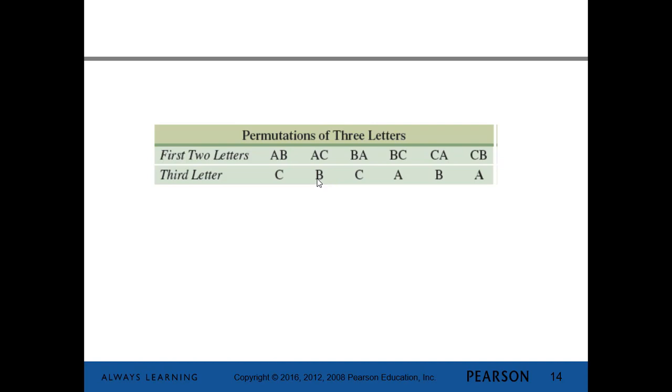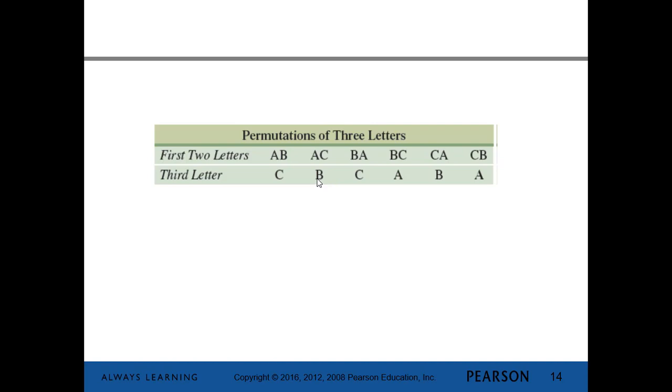We want the number of permutations of letters A, B, and C. Okay, so if we want the number of permutations of A, B, and C, which means order matters. So A, B, C is different than C, B, A. And so we treat it exactly the same. Well, how many letters are we choosing? We're choosing all 3 of them, right? Okay. And we have how many letters to choose from? 3, A, B, and C.